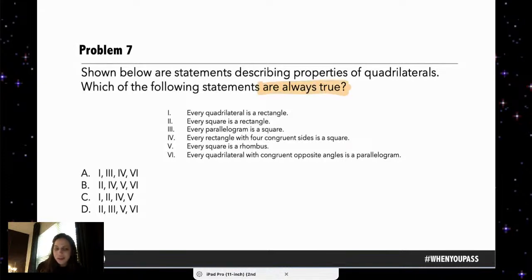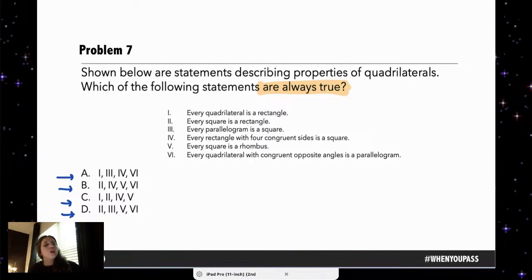I'm going to head down to my answer choices and see what we're working with. So we have 1, 3, 4, and 6; 2, 4, 5, and 6; 1, 2, 4, and 5; and 2, 3, 5, and 6. So that tells me a whole lot of nothing.